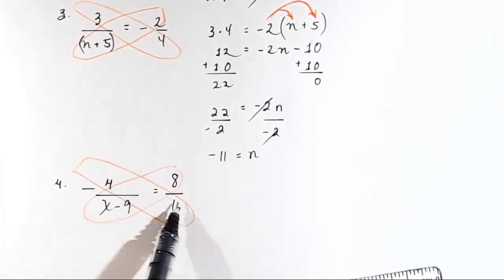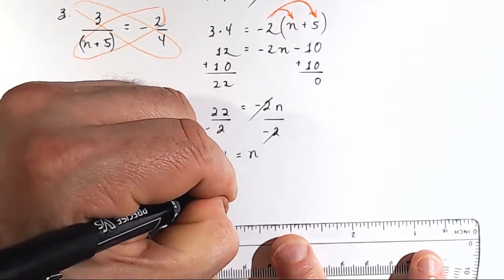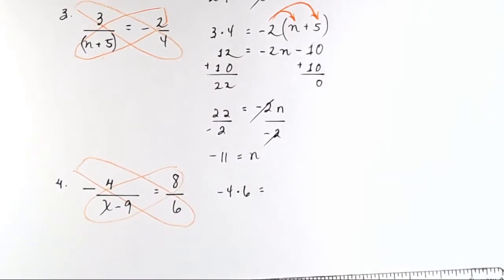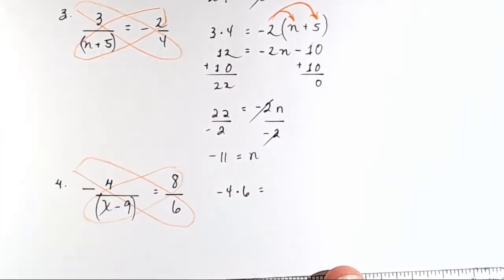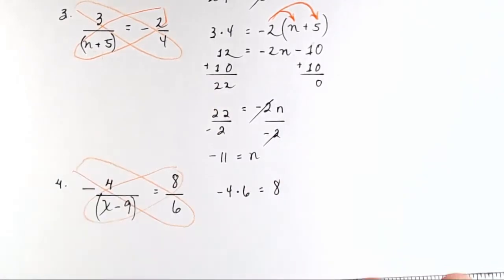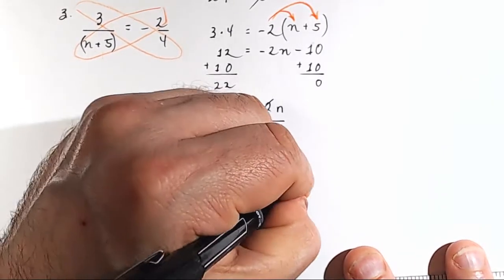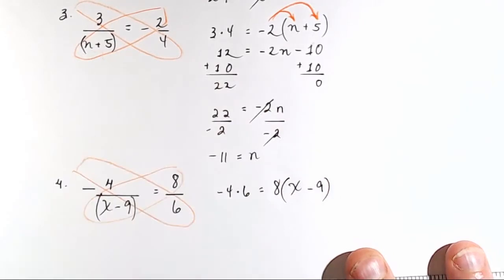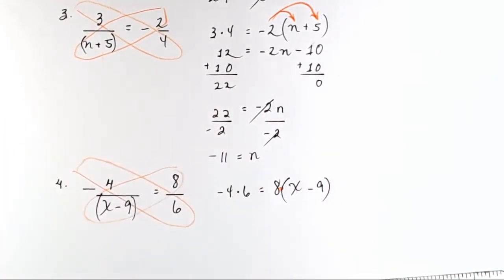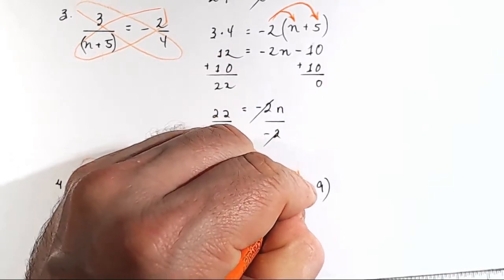Let's write it out. Negative 4 times 6. Negative 4 times 6 equals. And now, once again, put this in parentheses and write 8, open parenthesis, x minus 9, close parenthesis. Remember, this means multiply, but you've got to multiply by everything inside.